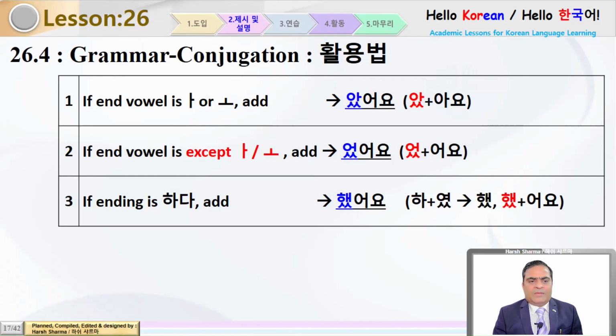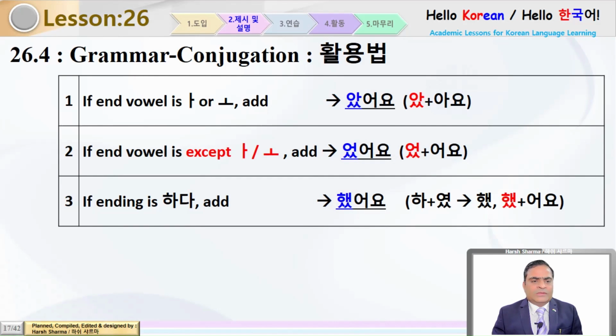First, if the end vowel is a or o, we have to add 았어요. Number 2, if the end vowel is except a or o, we have to add 었어요. And in number 3, any verb or adjective is having 하다, remove 하다 and add 했어요. Clear, 여러분? These 3 rules we have to memorize.